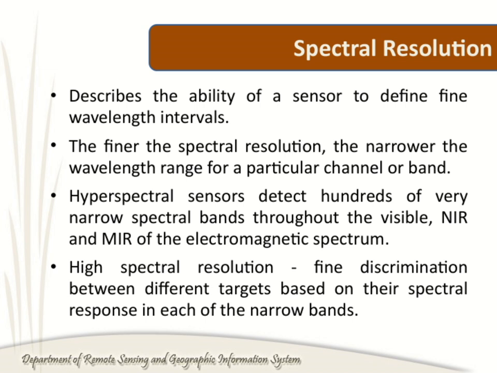This is incredibly useful for applications like mineral identification, vegetation analysis, or even detecting different materials in a complex scene. So, spectral resolution essentially enhances our ability to analyze and interpret the data we collect from sensors, making it a crucial factor in remote sensing technology.